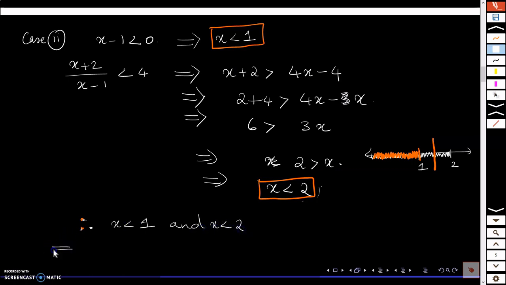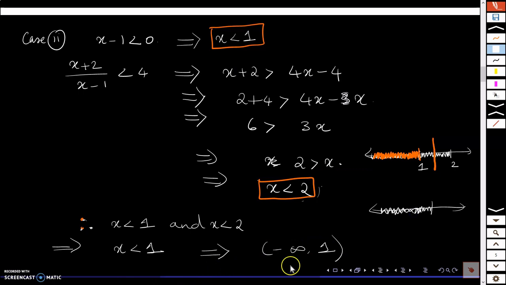So this implies that x must be less than 1. Then only both the conditions will be satisfied. And this implies x will be inside (minus infinity, 1), this interval, because 1 is here, and less than 1 means all these numbers on this side. So x will be coming inside this interval.